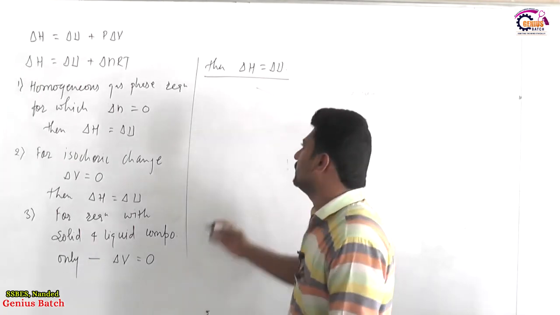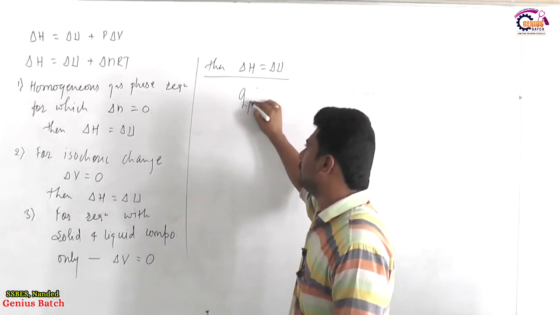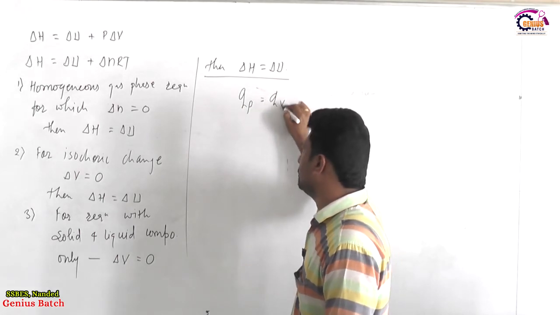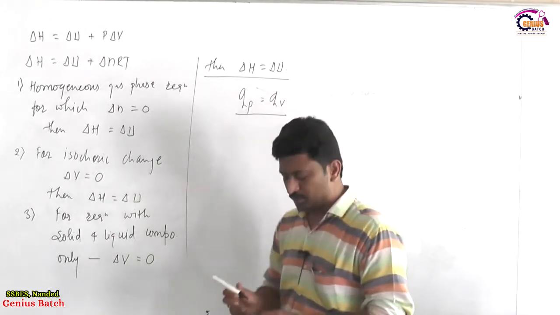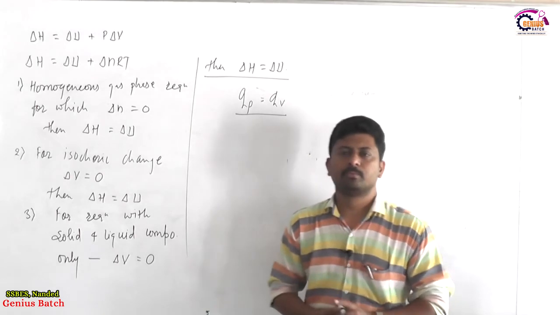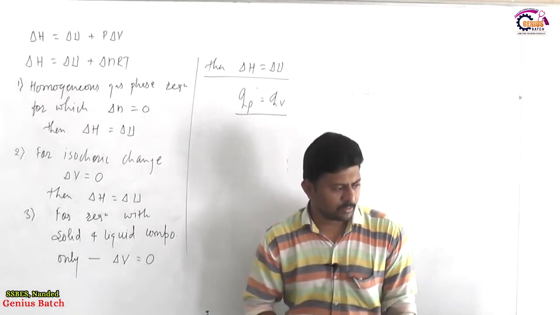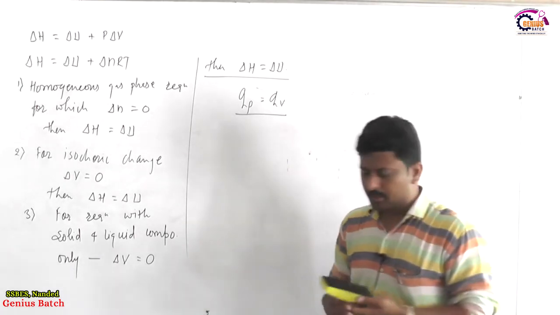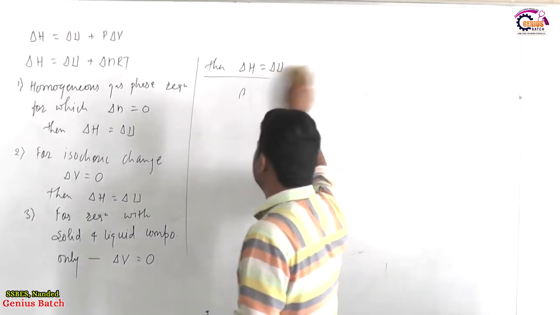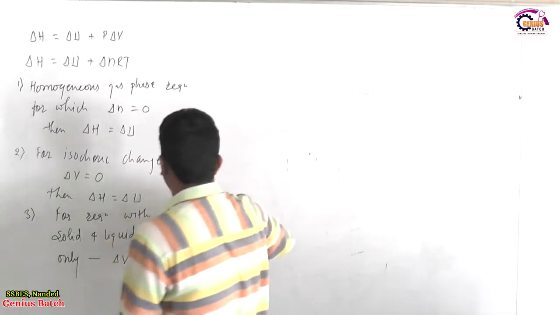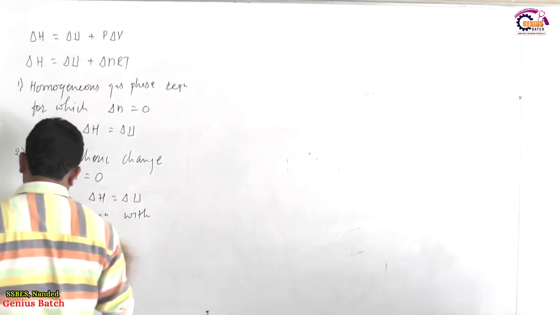So we can say QP is equal to QV when delta H is equal to delta U. These are the possible cases in which enthalpy change can be equal to internal energy change.